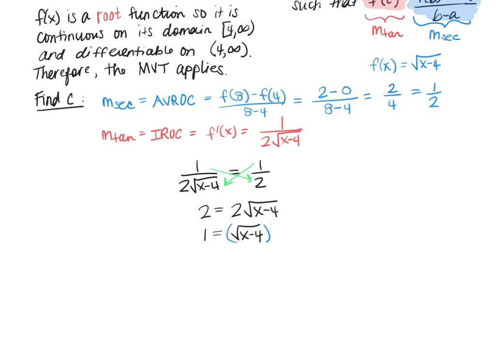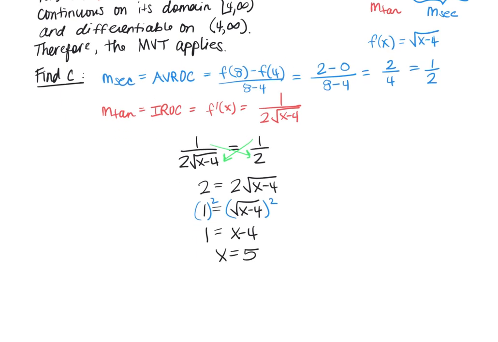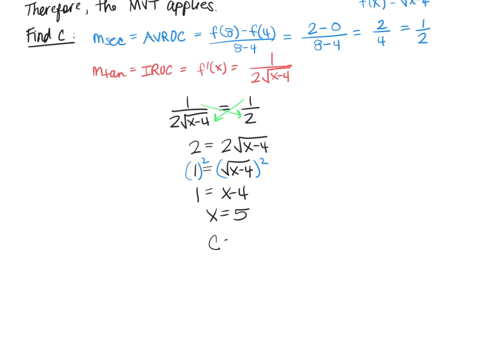Then we'll square both sides. So 1 equals x minus 4. And adding 4 gives x is equal to 5. So this is our c value. This is between 4 and 8, remember? And this is the place where the slope of the secant line is equal to the slope of the tangent line.